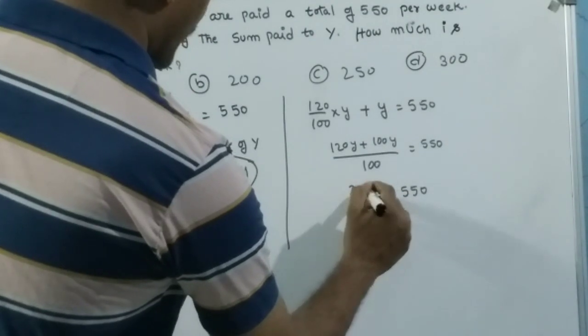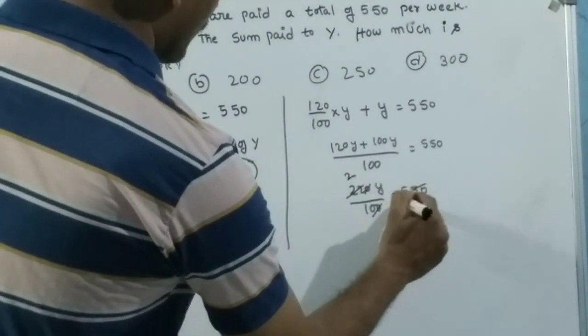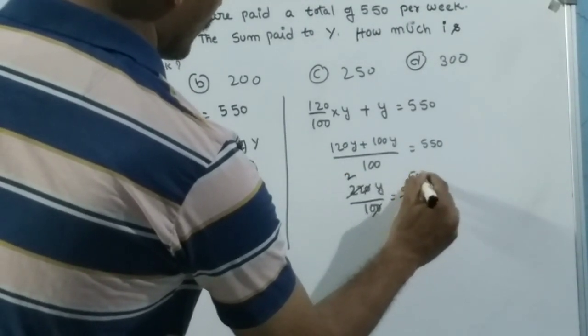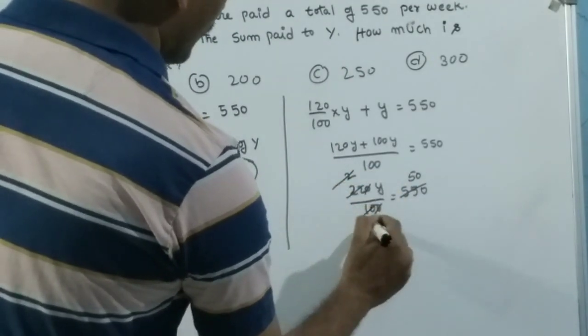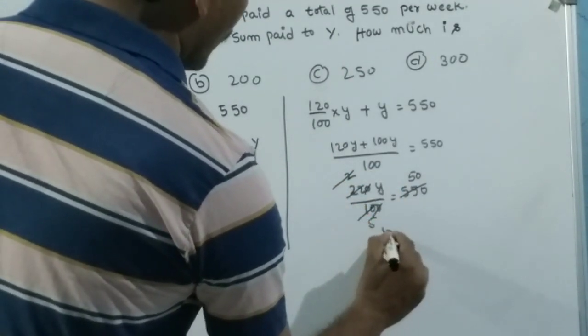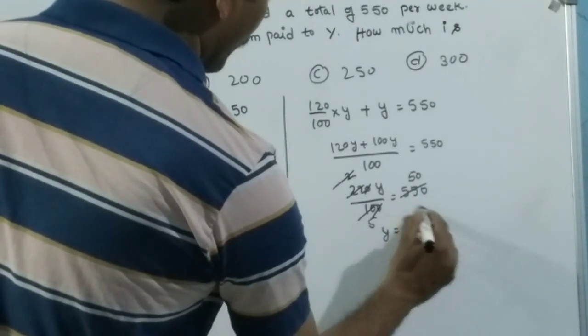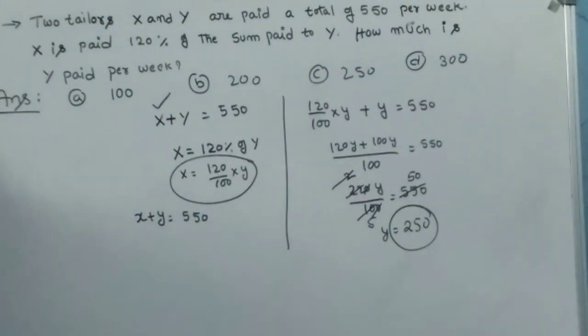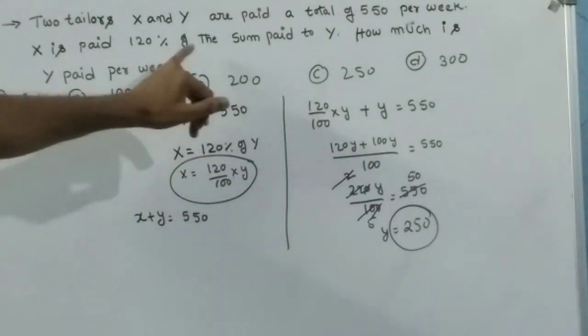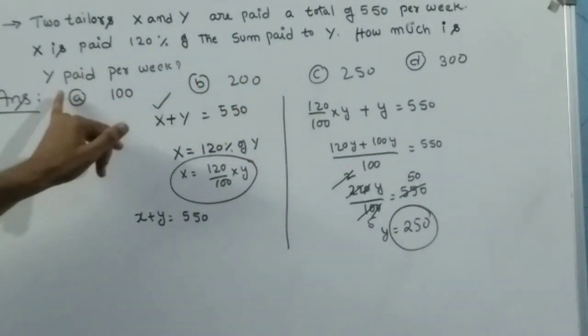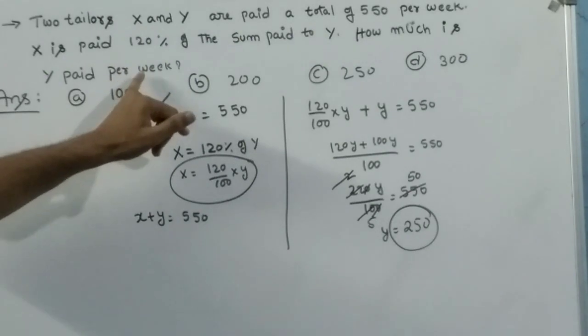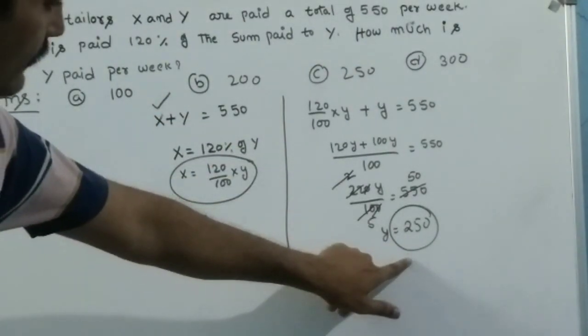Then Y equal to 250. See, so what is the answer? What is the sum paid to Y per week? This is the answer, 250.